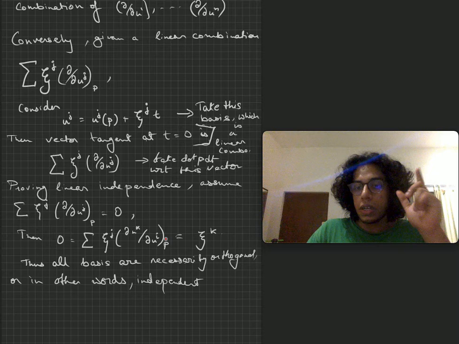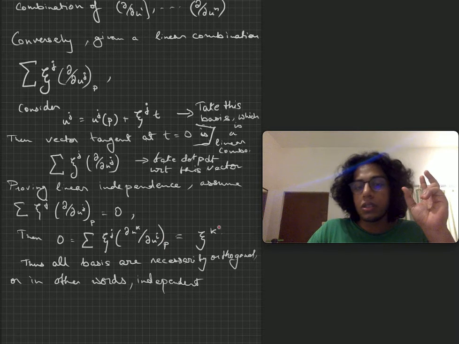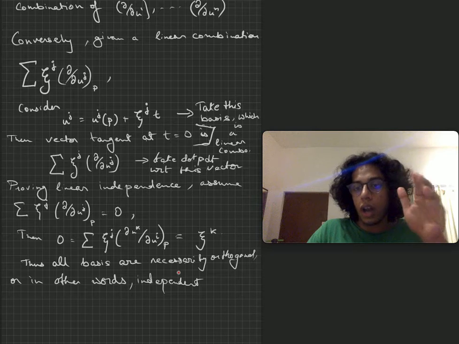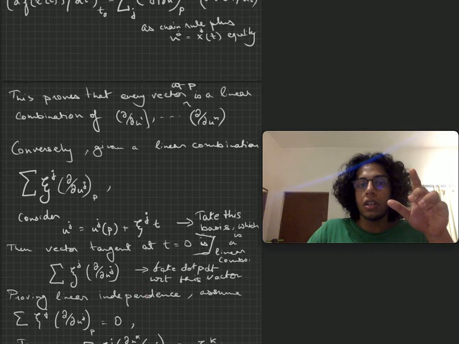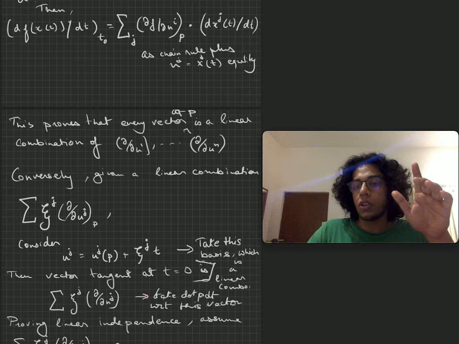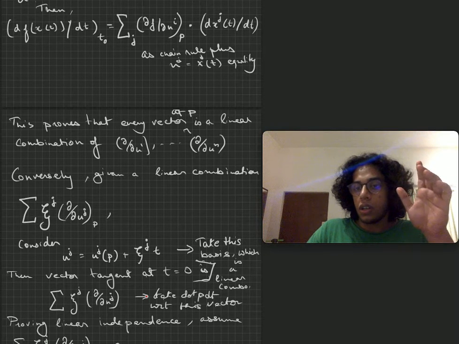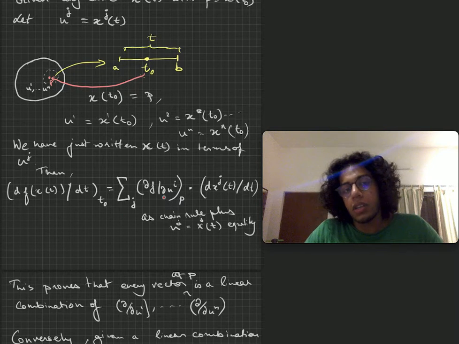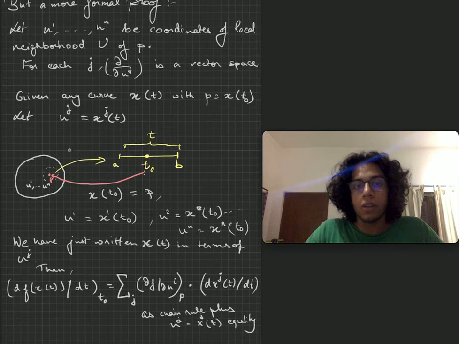So this proves that you can have a necessarily orthogonal or an independent basis for every linear combination of this vector.